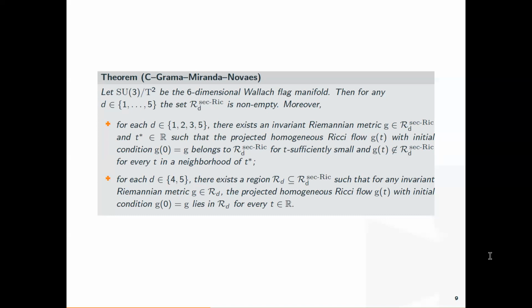But for d equal to 4 and 5, we can find some regions that are invariant under the Ricci flow, meaning that there are some basins of attraction or traps for the flow, meaning that for d equal to 4 or 5, we can find some regions of metrics, invariant, such that the homogeneous Ricci flow does not escape these regions. Okay.